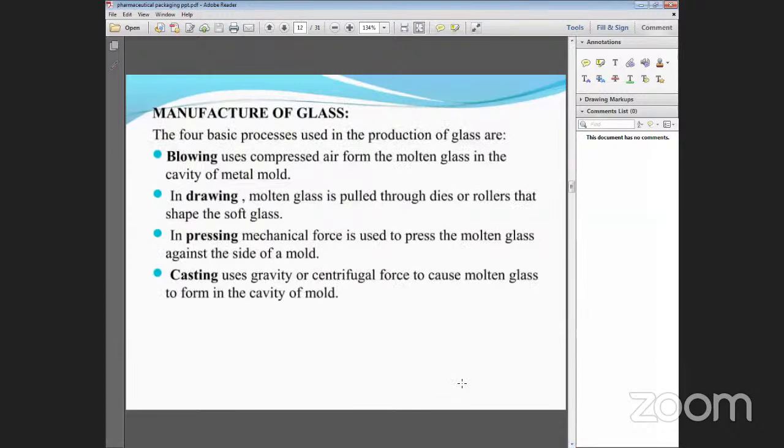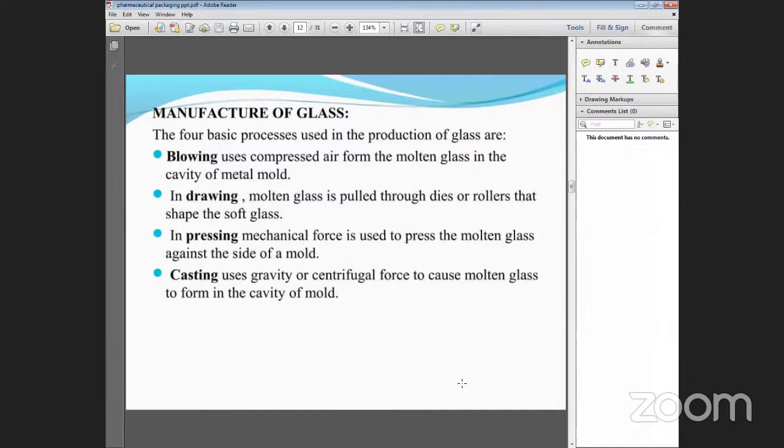First, how to prepare or manufacture the glass containers. There are 4 basic steps of manufacturing glass containers. First one is blowing. Blowing uses compressed air to form the molten glass in the cavity of a metal mold.